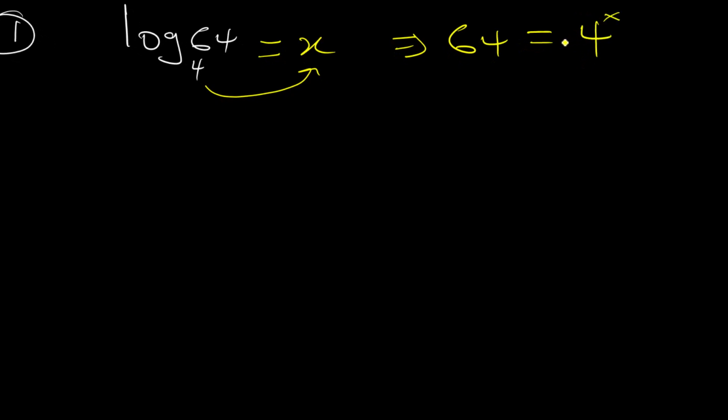We now go back to indices. We need to change 64. We know 4 to the power 3 is the same as 64, because 4 times 4 is 16, times 4 is 64.